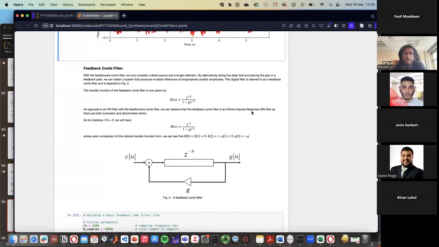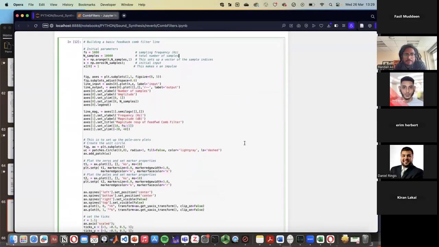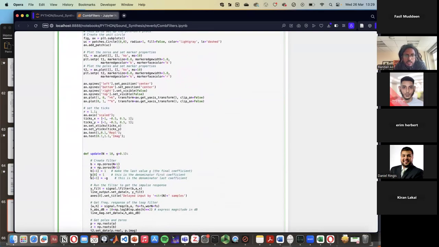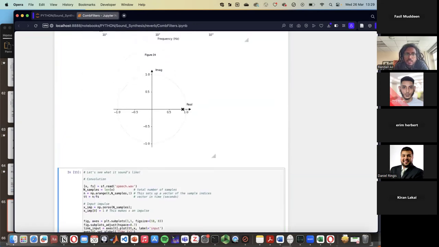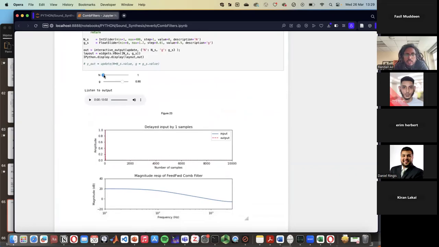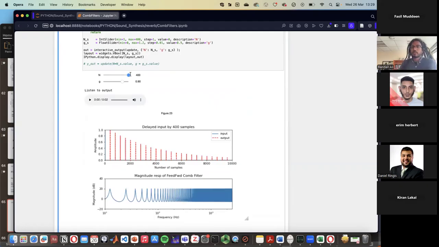So now I have this feedback comb filter structure here. And again, what I've done here is I've created coefficients for b and a, because this has numerator and denominator values. So if I look at this, I can change here the value of N, and you can see as I change the value of N, this is what my impulse response is starting to look like.